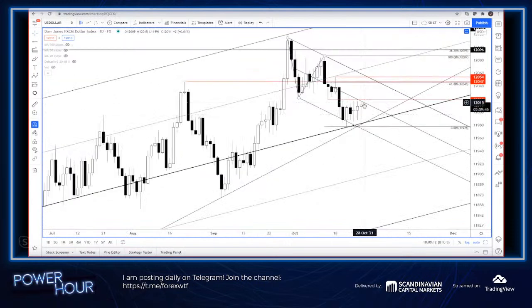We are following this very short-term channel in US dollar. We've come up to initial resistance. I don't have a super strong opinion right here, other than noting that we've been consolidating in a very tight range.